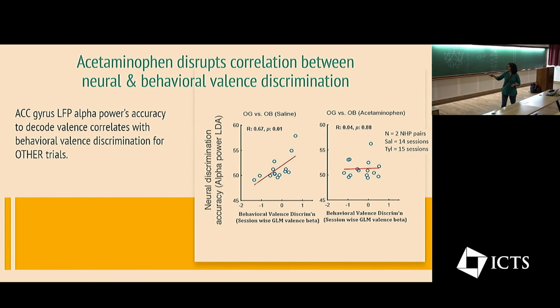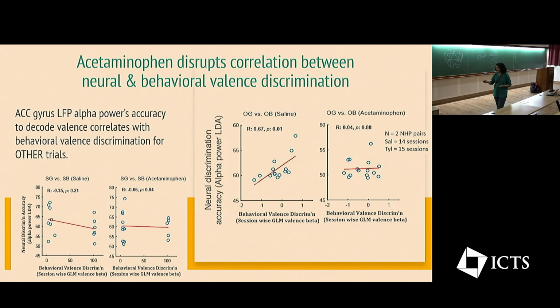In fact, if you look at the self data, it wasn't there significantly to begin with, and after acetaminophen, it did not change. So what it tells us is that acetaminophen action on LFP of ACC gyrus is specific to other monkeys' outcomes, whether it was aversive or positive.